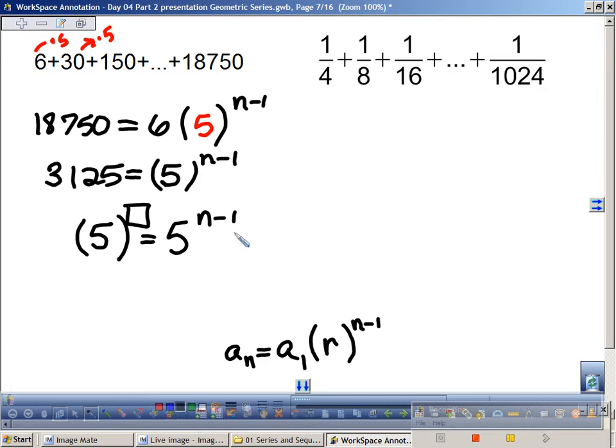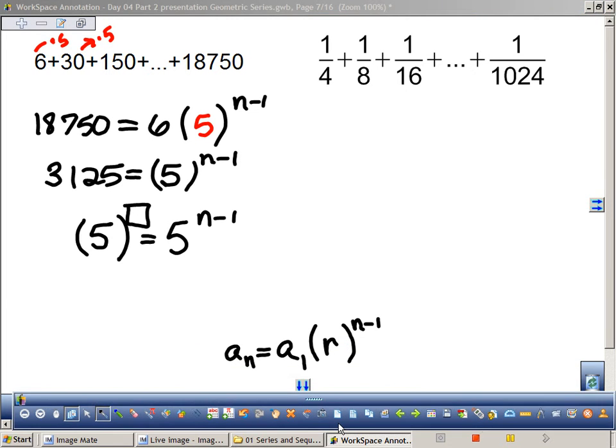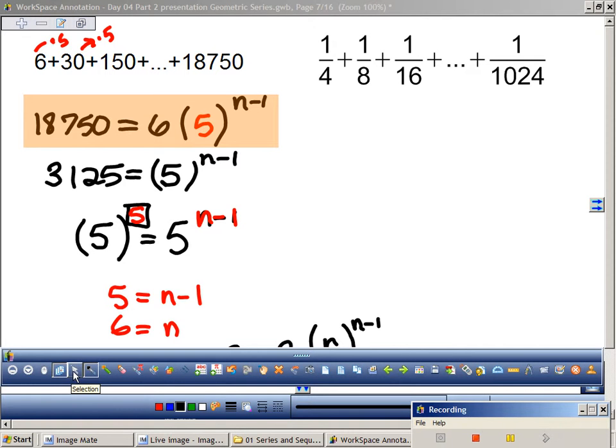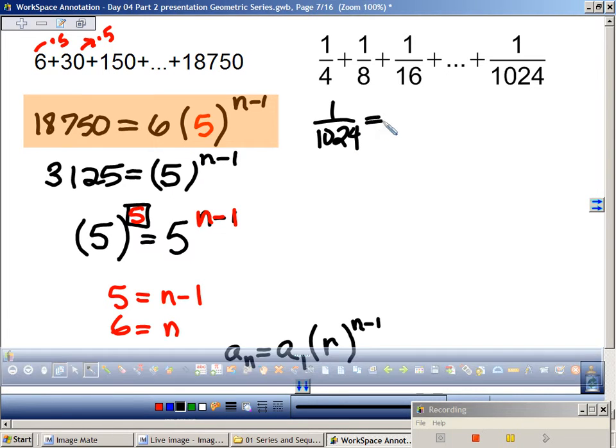How many of you have an answer? Not yet. And I'm trying to find out what N is. I'm going to pause it. Okay, so I knew my last term was 1 over 1,024.